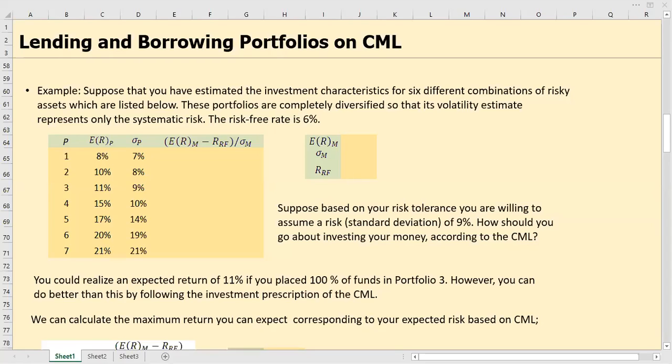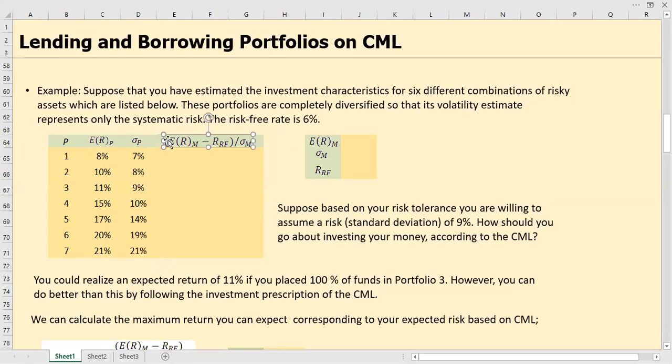Now, according to this particular example, we have this information. So we have altogether 7 portfolios. Portfolio 1, 2, 3, 4, 5, 6, and 7. And expected returns and the portfolio standard deviations are also given here. 8%, 10%, 11, 15, 17, 20, and we have the standard deviation also. Understood?